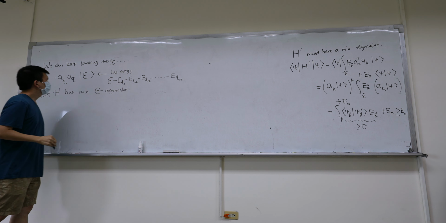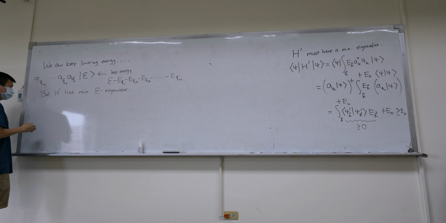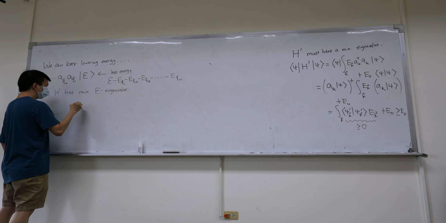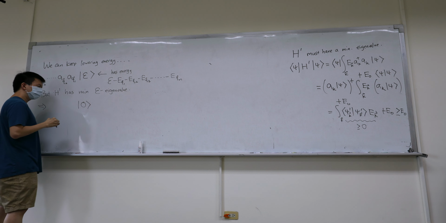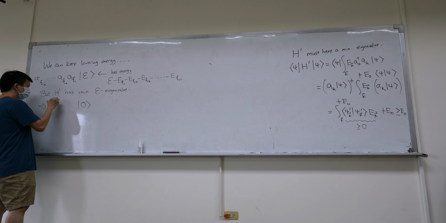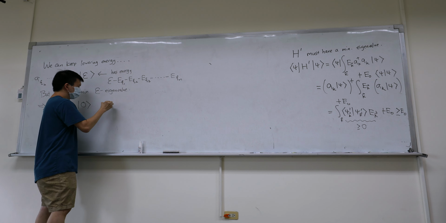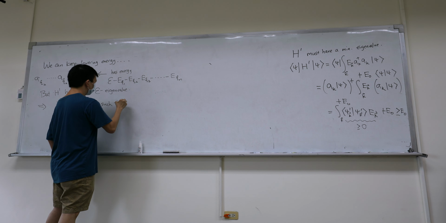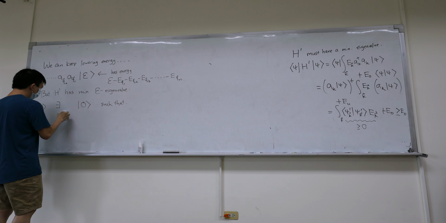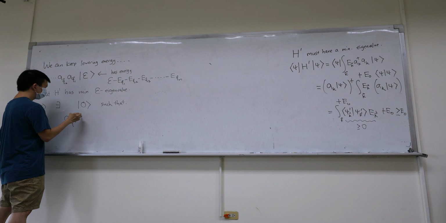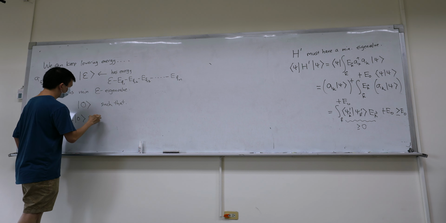So therefore, there must be a ground state, which I'm going to just write as |0>, such that any lowering operator acting on it gives you 0, the zero vector.